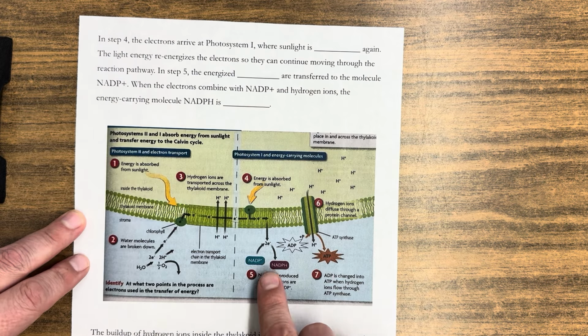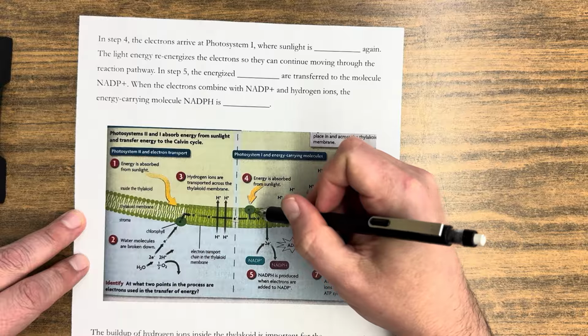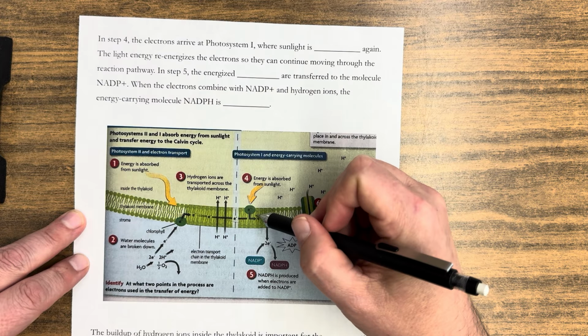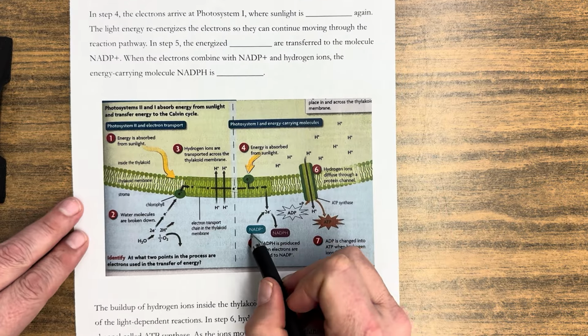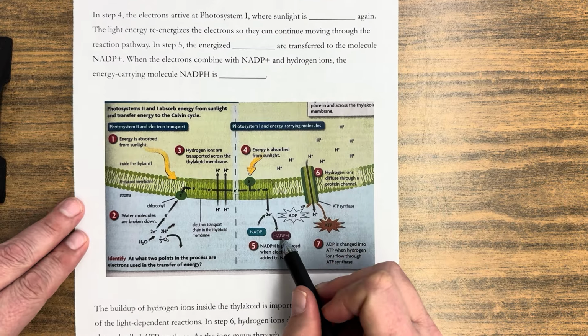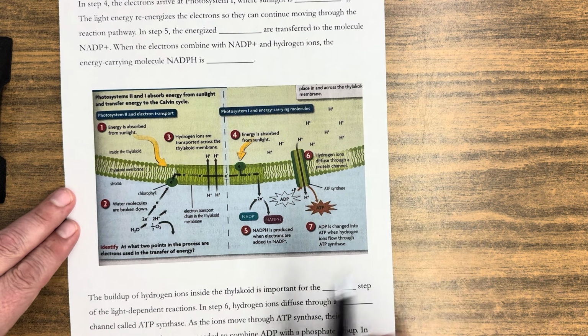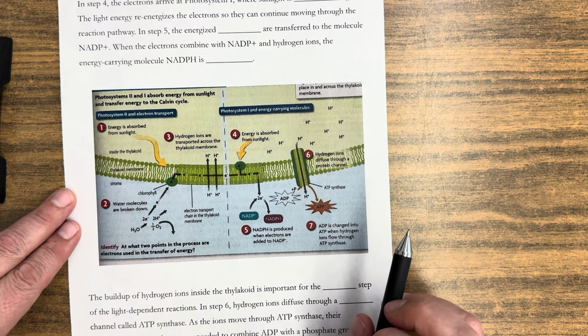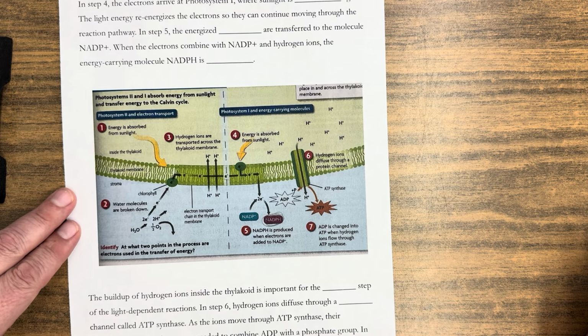So in step 5, these electrons, with some of that extra energy, are going to be attached to this NADP+ and turned into NADPH. So it's also storing some energy here that's going to be used later on in photosynthesis. So that's one little storage for energy.